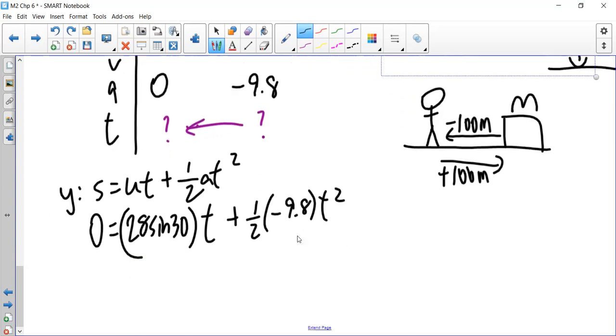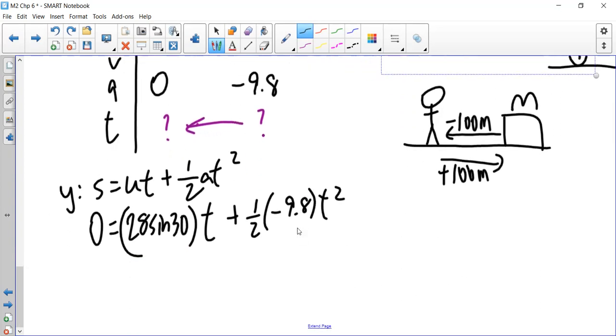Right, if we put this in a calculator, then you get 0 equals 14t minus 4.9t squared. This is a quadratic.